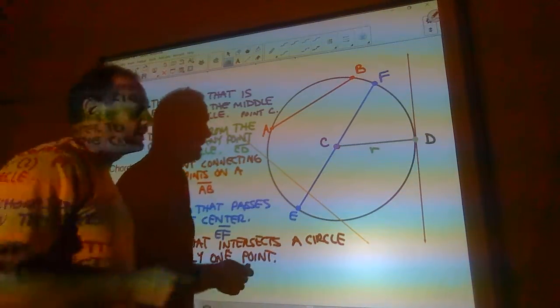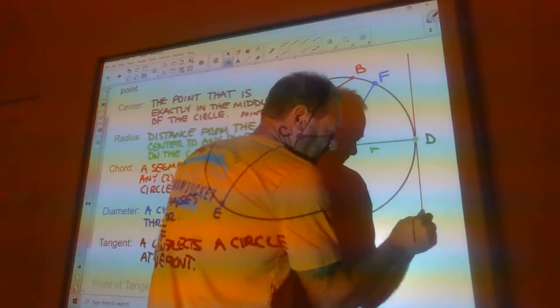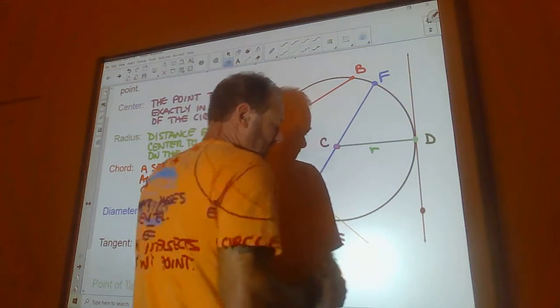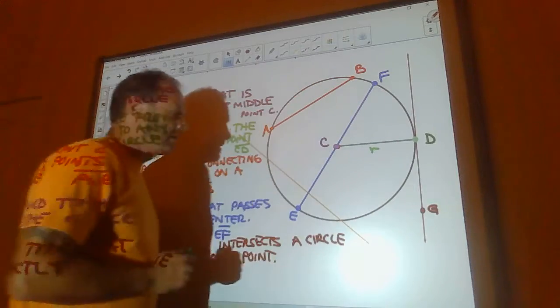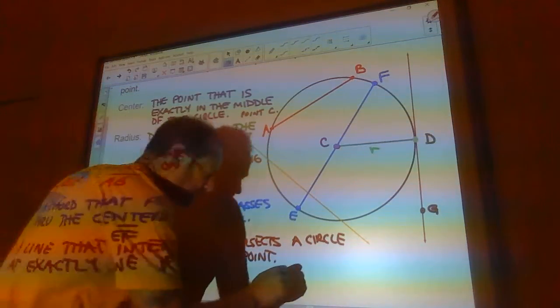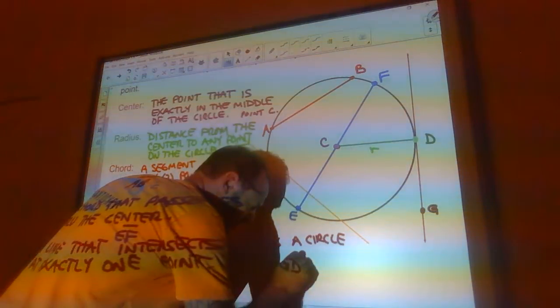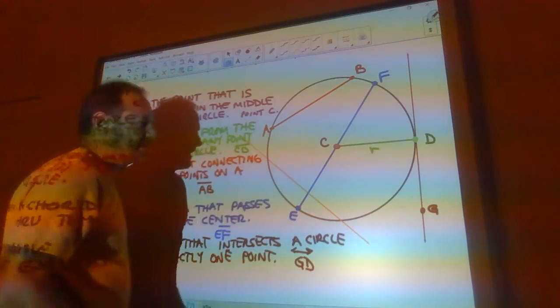Okay, so that would be, let's put a point, what haven't we used yet? G. Right here. So this would be line GD. It's a tangent, okay?